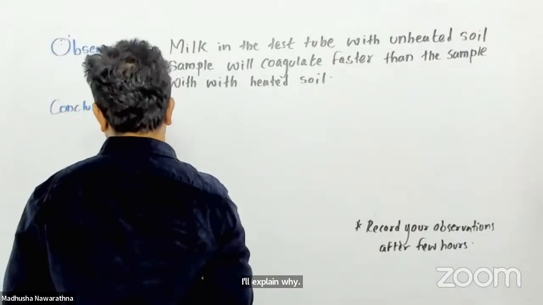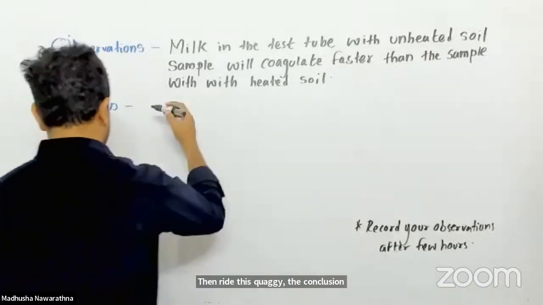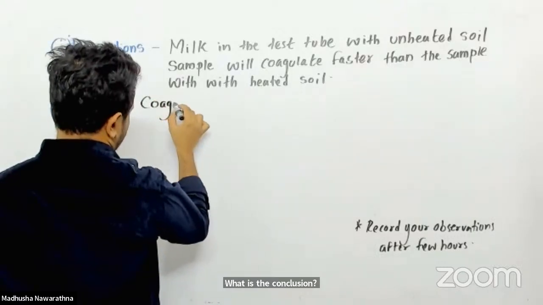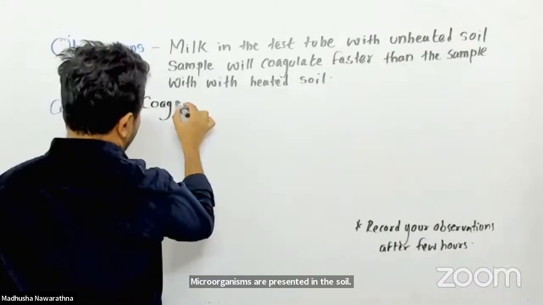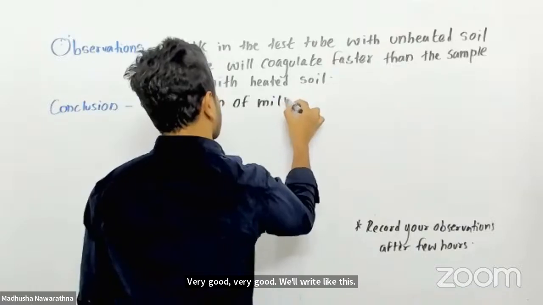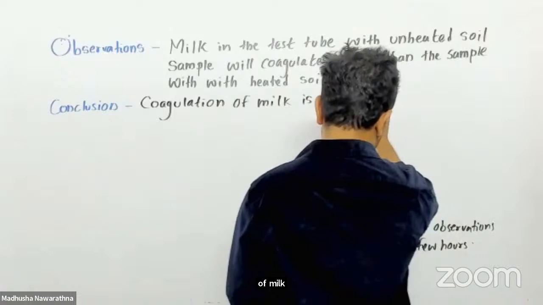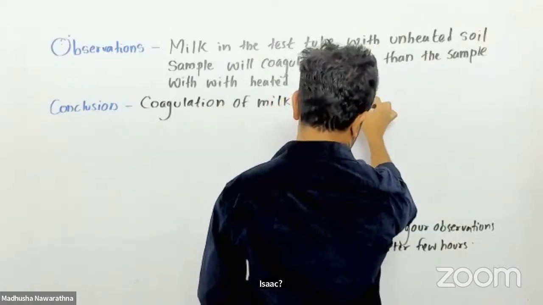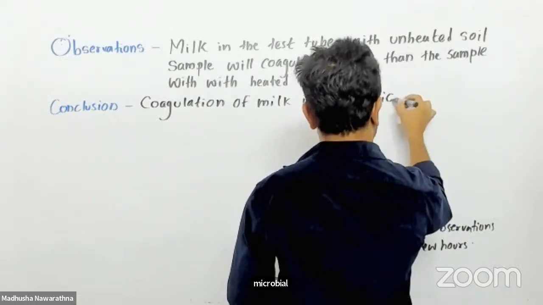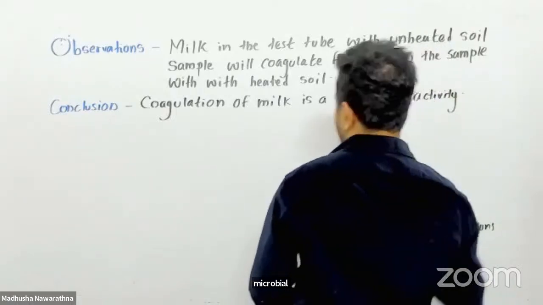Then write the conclusion. What is the conclusion? Microorganisms are present in the soil. Very good. We'll write like this: Coagulation of milk is a microbial activity.